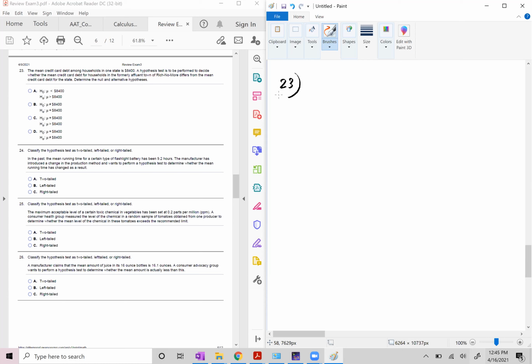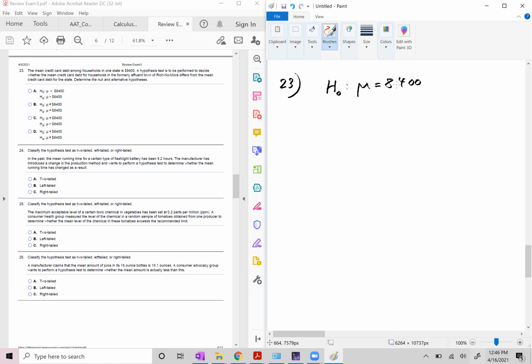A hypothesis test is to be performed to decide whether the mean credit card debt for households in the formerly affluent town of Rich No More differs from the mean credit card debt for the state. So here we are testing something like this. The mean credit card debt among households in one state is this, so the mean level is $8,400.